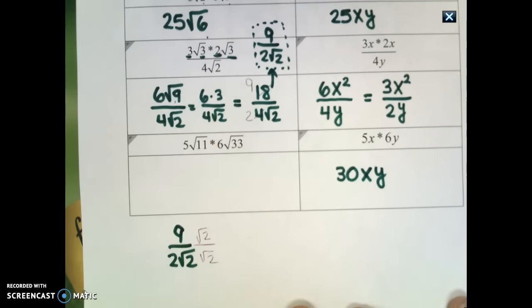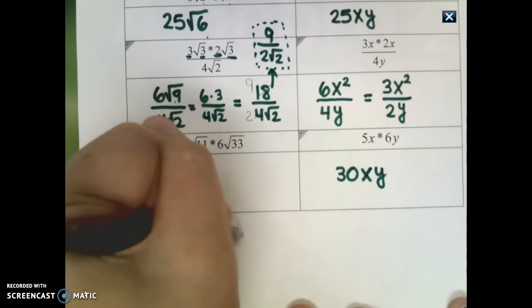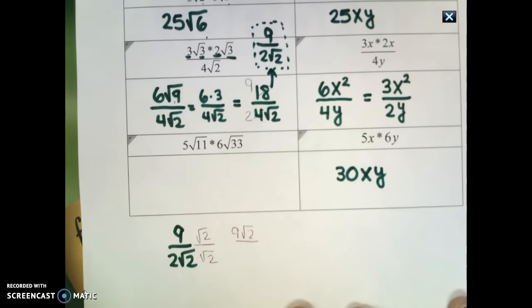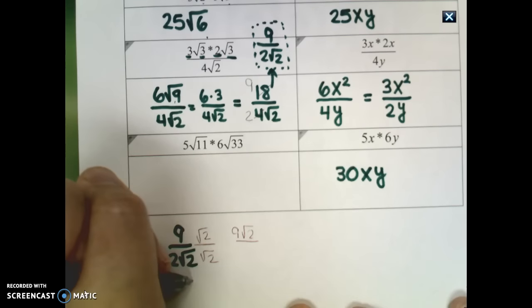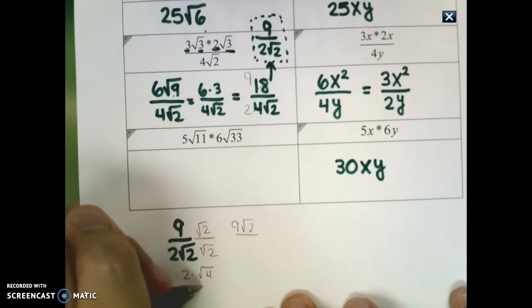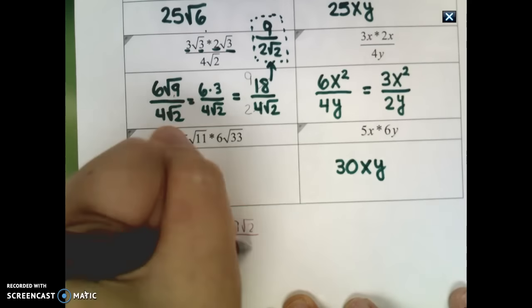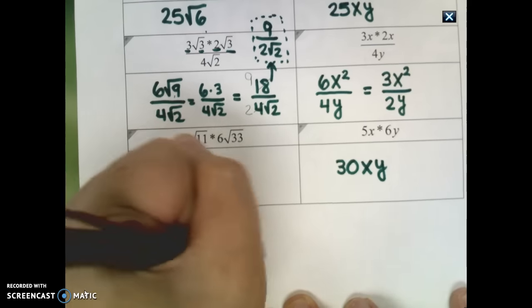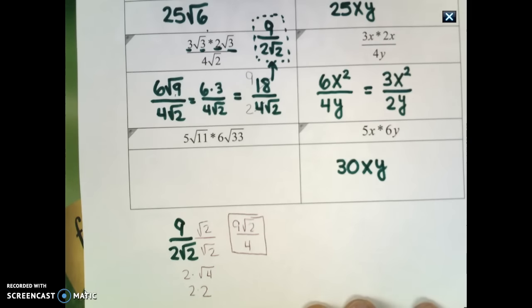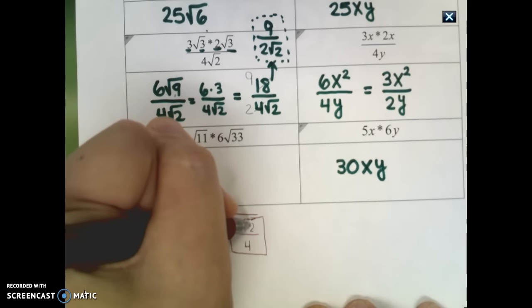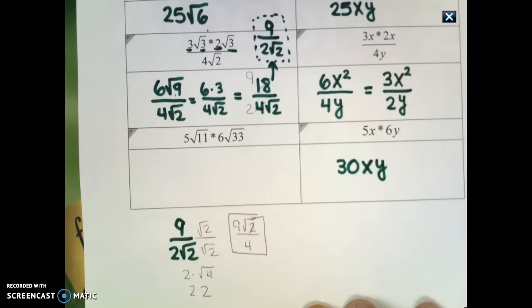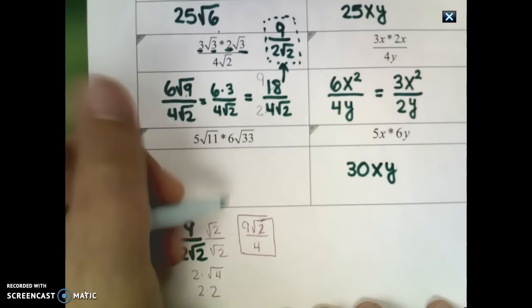So when I do that, my numerator ends up being 9 square root of 2. My denominator will then become 2 times the square root of 4, which is 2 times 2, which is 4. And so this right here, 9 root 2 over 4, is going to be my simplified answer for the second example.